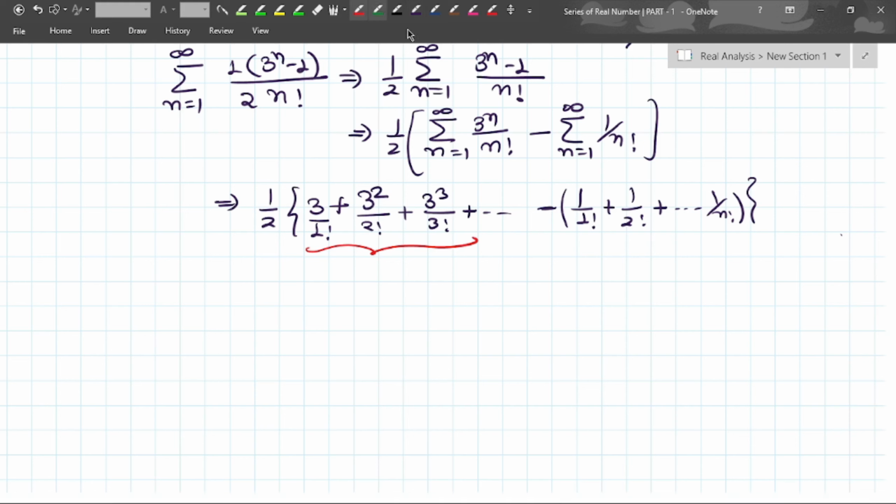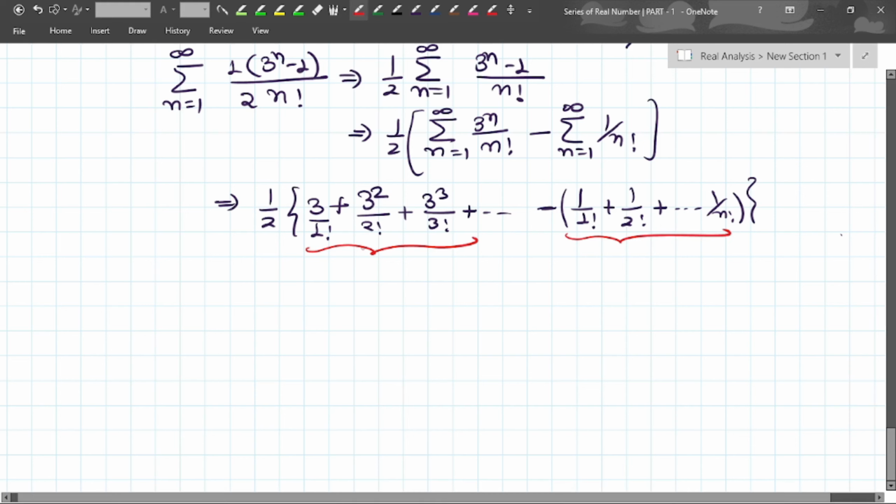Now just see about both the things. It is nothing but x plus x square by 2 and so on, which is e to the x minus 1. What is x? That is 3. So it is e power 3 minus 1. For the other part, it is nothing but e minus 1. So I will write 1 by 2 times (e power 3 minus 1) minus (e minus 1).